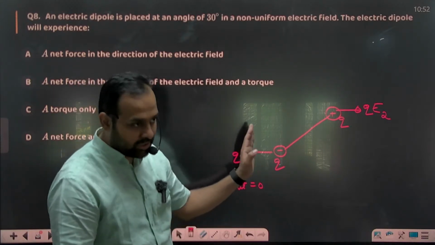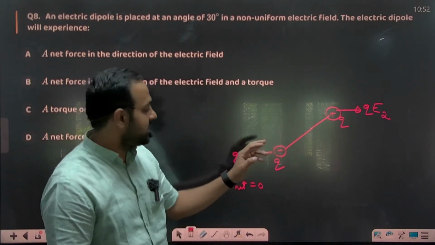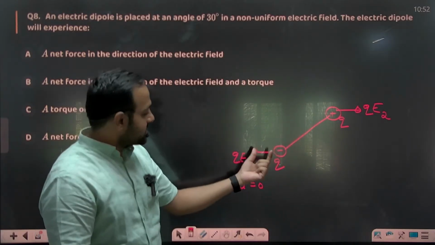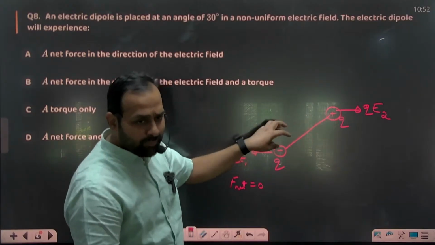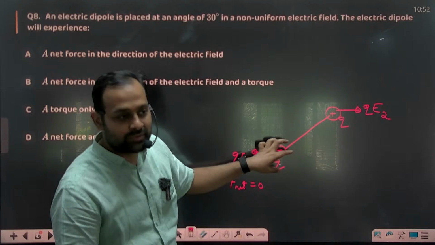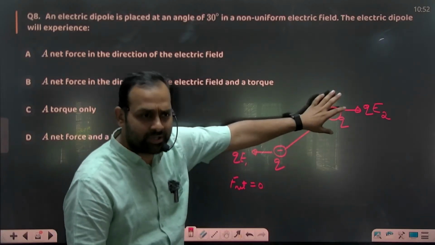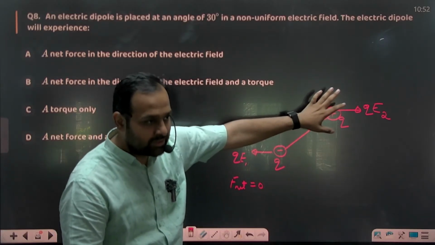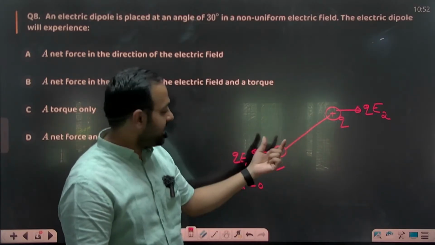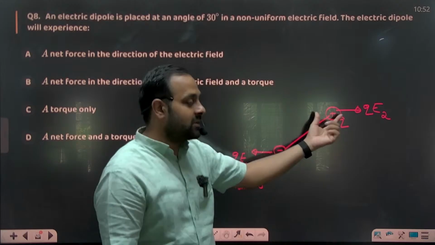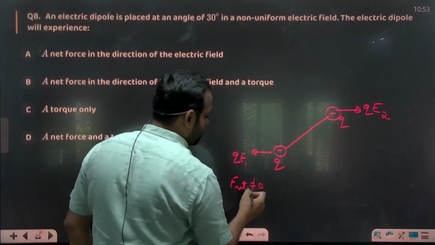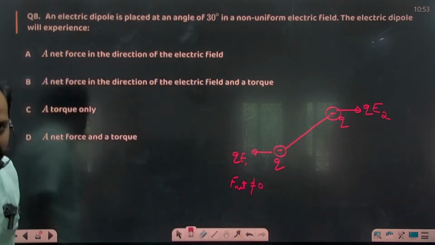Because it is a non-uniform electric field, there is a different electric field at every point. Since minus Q and plus Q are not placed at the same point, one is at one place and the other somewhere else, the electric field on them is different. So in this case the net force will not be equal to zero.